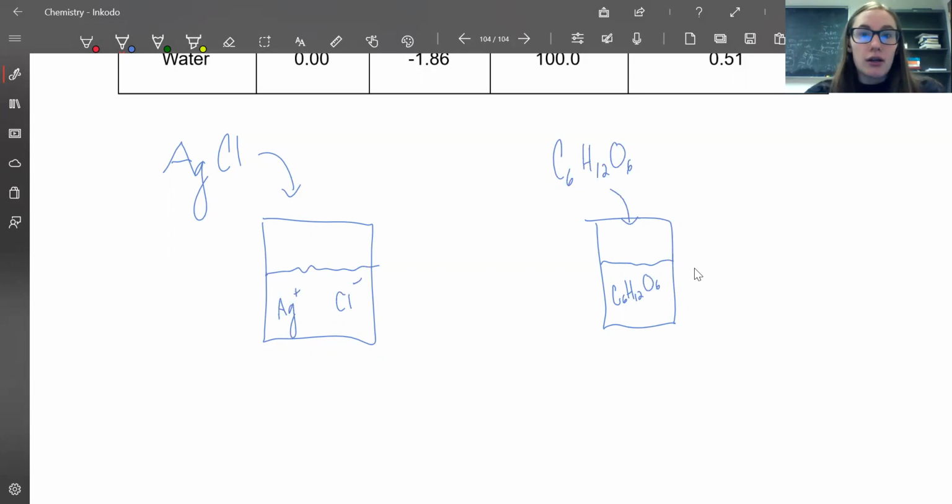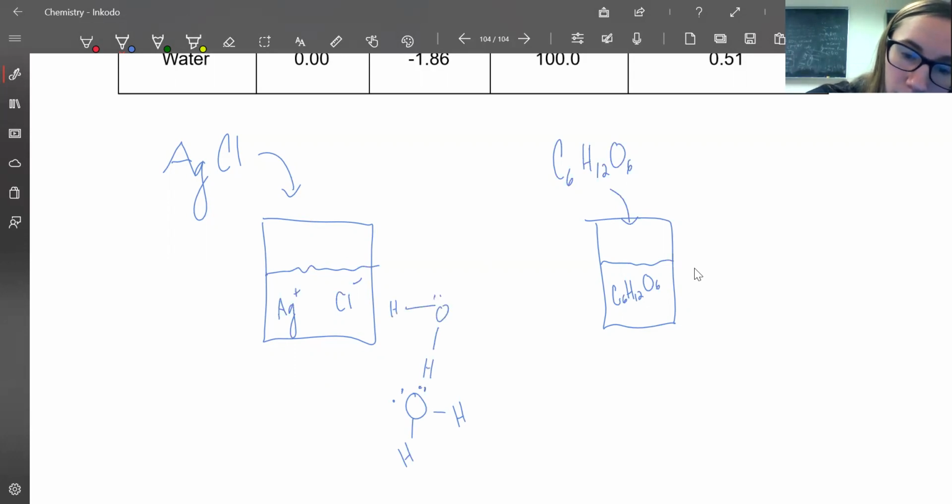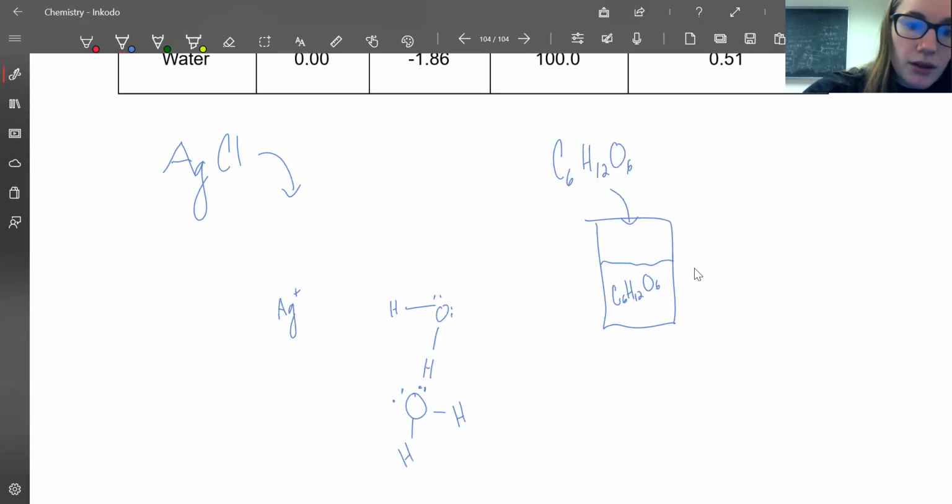So why is that important? So when water freezes, it makes these really nice little crystals. Okay.